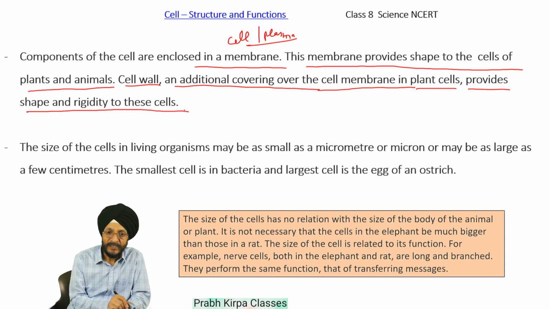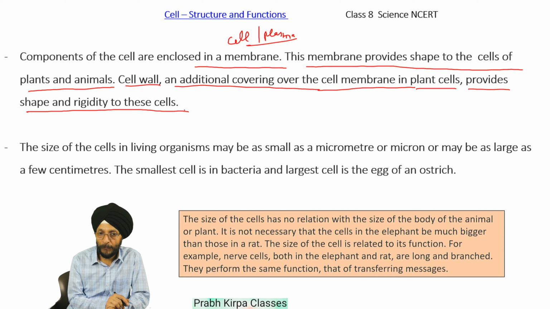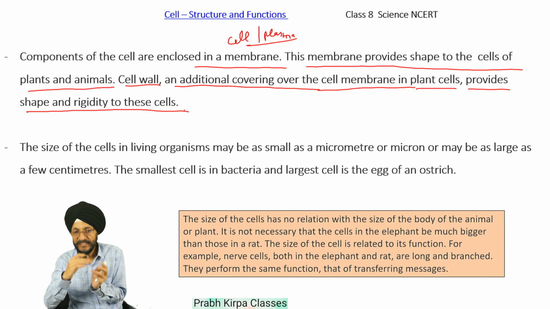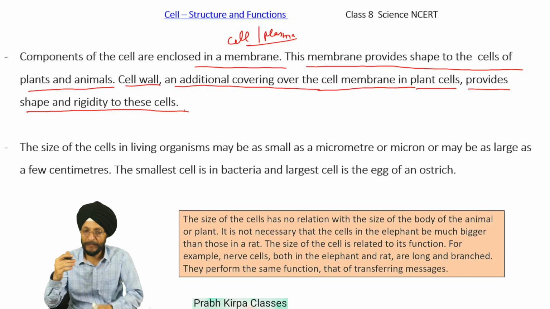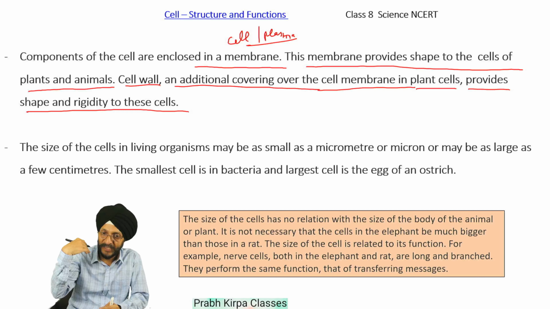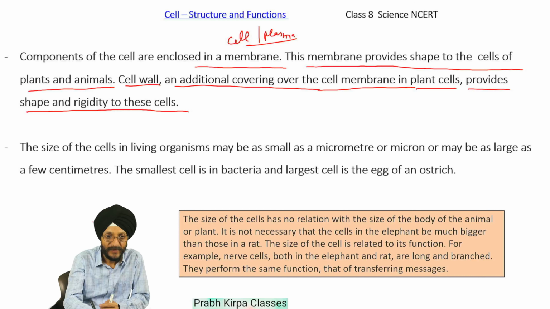As you know, in the case of plant and animal cells, cell membrane or plasma membrane is present. However, in the case of plant cells, an additional covering is there, which is extra to the plasma membrane, and that covering is known as cell wall, which lies outside the cell membrane or plasma membrane.